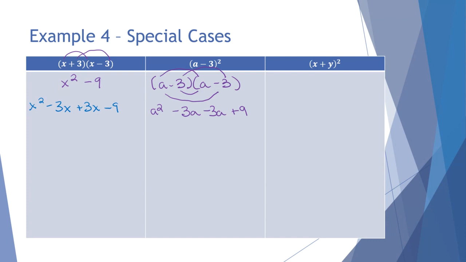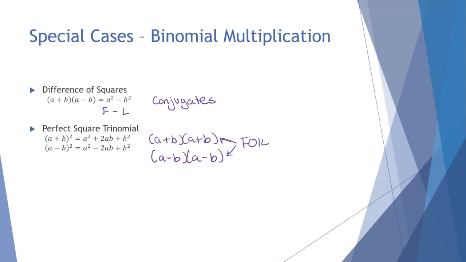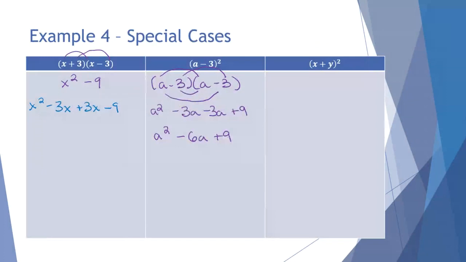What's special about these types of formats is that you're going to get repeats as the inside and the outside terms, the two middle terms here. So minus 3a, minus 3a. You combine those, and you get a squared minus 6a plus 9. And that repeat, that's why in our formula here we have plus 2 times something. But it's hard to remember that, so I would just FOIL that out.